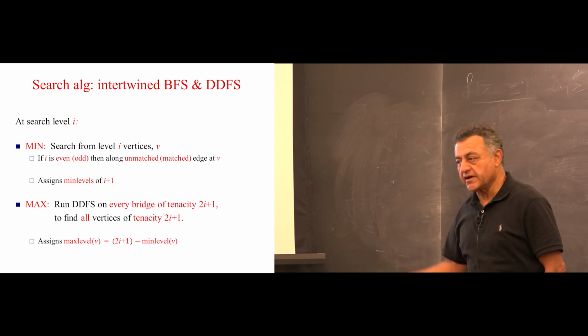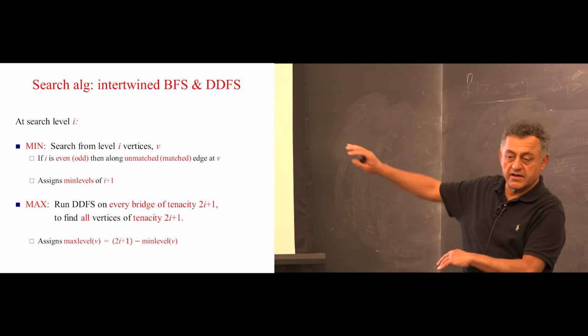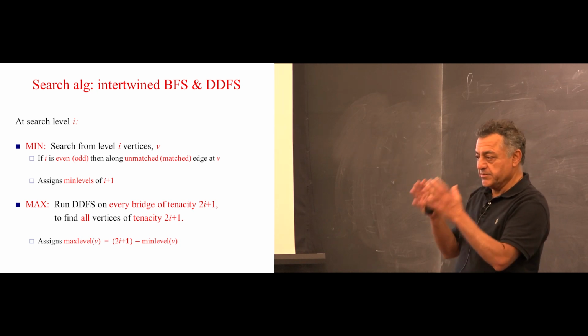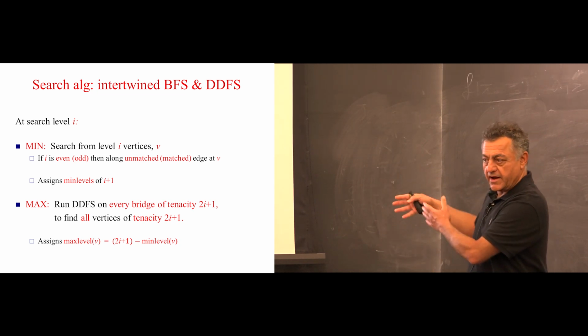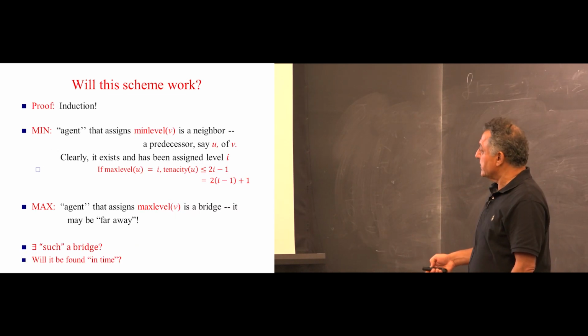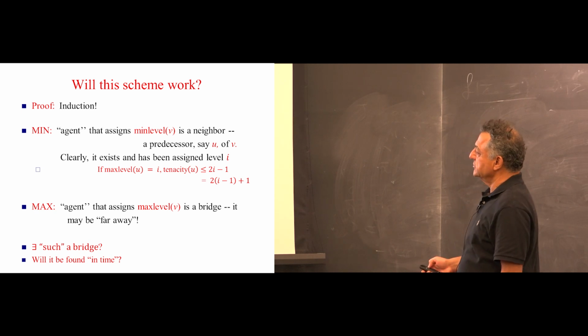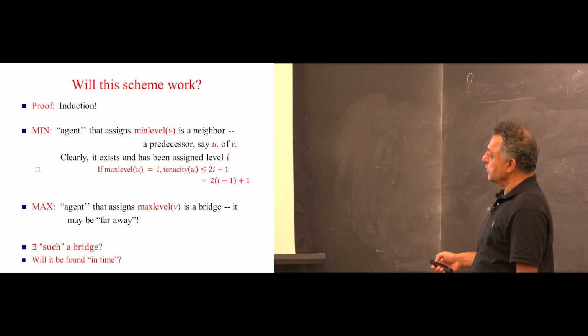And then you go to the next search level and the next search level, and have you done everything properly so far, and is everything set up in the right way to do everything right from here on? There's a lot to be said here. So let me just quickly say what needs to be said to show that it all works.